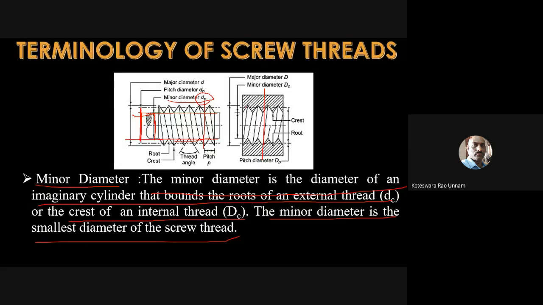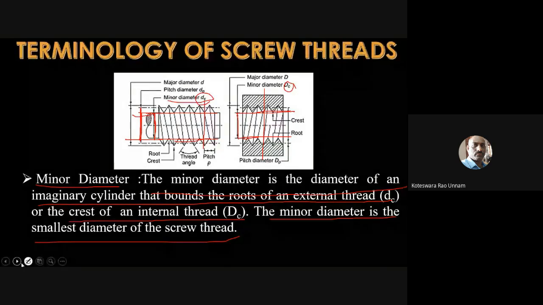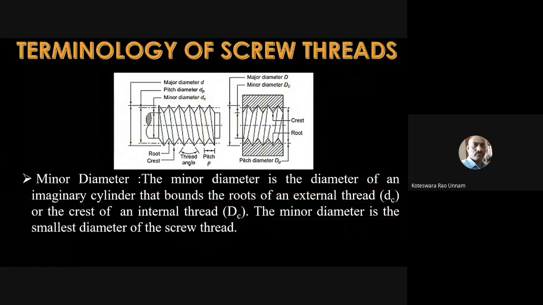Whereas if you come to the internal thread, now you have to take the crest. So here these two cylindrical surfaces, this to this. So this diameter we'll call the minor diameter of the internal thread, which is denoted by capital DC. Okay, so this is the definition for the minor diameter.